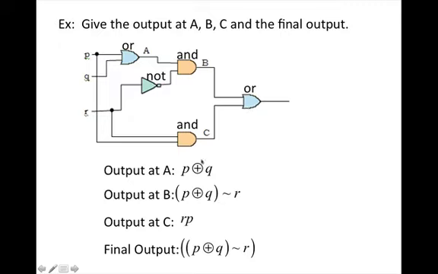My output for C was RP. Since that came from its own gate, I want to put it in a parenthesis. And then I connect these two with the OR symbol, which is the plus sign and the circle around it.